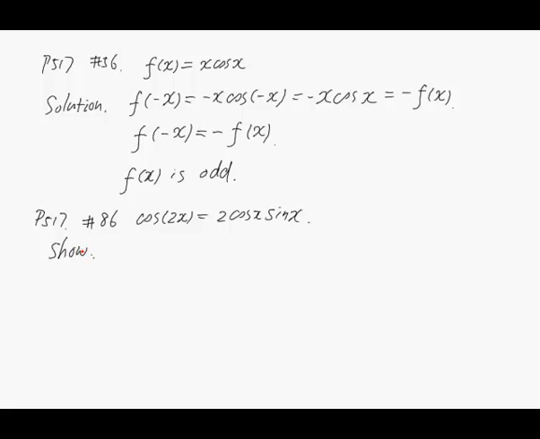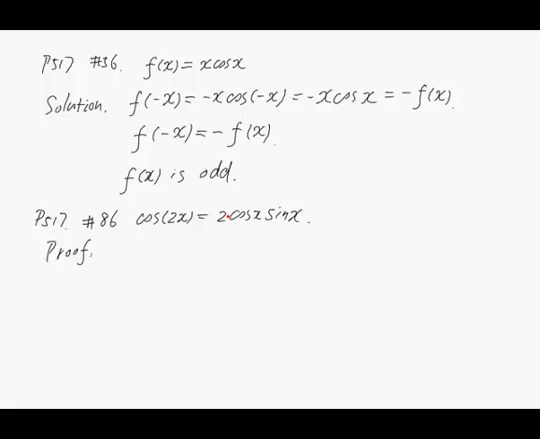Okay, so how to prove this equation is not an identity? First, we know that both sides are well defined for all real numbers, right? X can take any real number, and both sides are well defined for them. So now, when we just try to find some real number that does not satisfy this equation, then we are done.